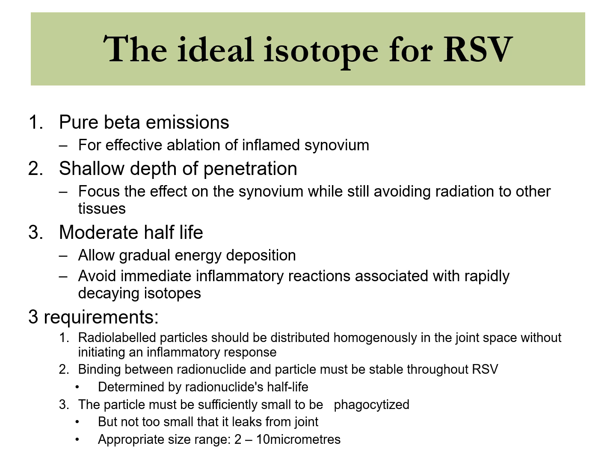It needs to be a pure beta emitter, so it will give a very effective ablation of the inflamed synovium. In terms of a shallow depth of penetration, hopefully it focuses the effect on the synovium while avoiding radiation to other tissues, meaning we want to ensure that it only happens at the synovium area and does not penetrate to other areas surrounding the synovium.